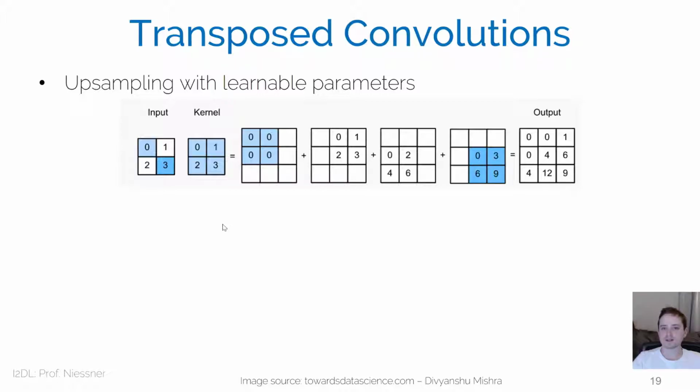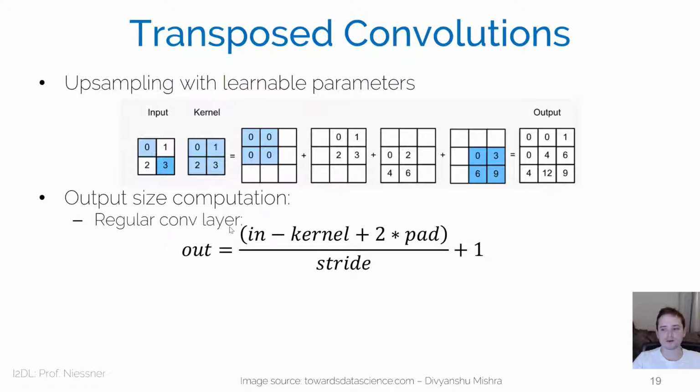The takeaway message here is that if you take a normal convolution layer, then you have this formula that we've already seen to compute the output dimension given the kernel size and the padding and the stride and the input size. And these transposed convolutions pretty much invert it.